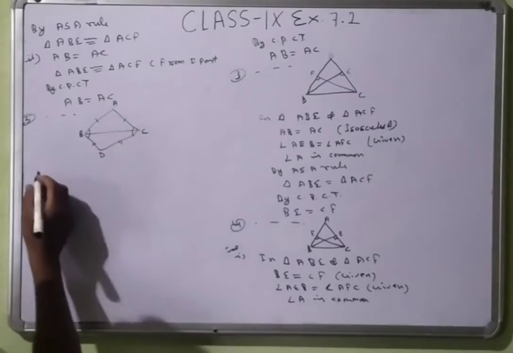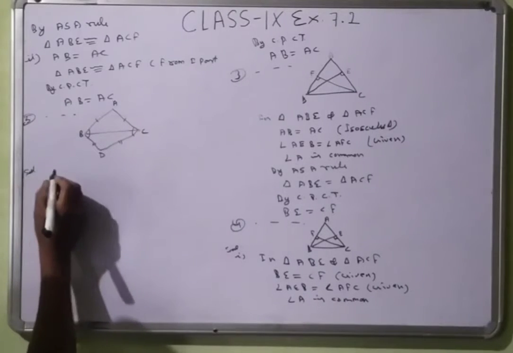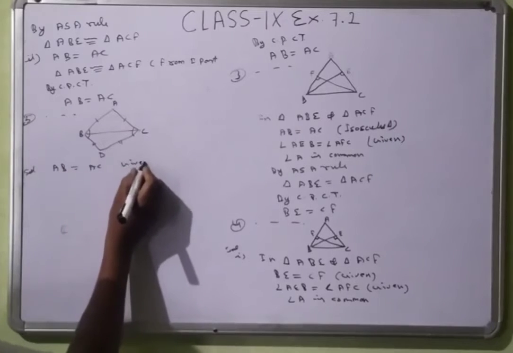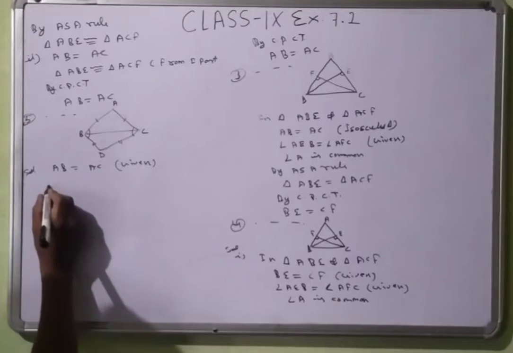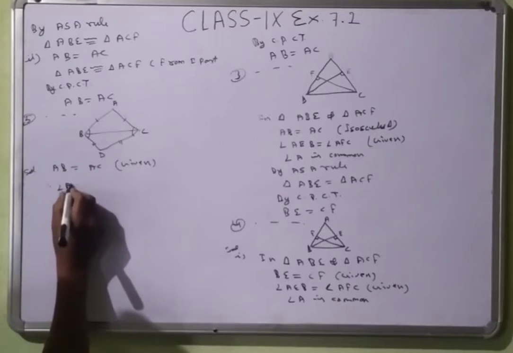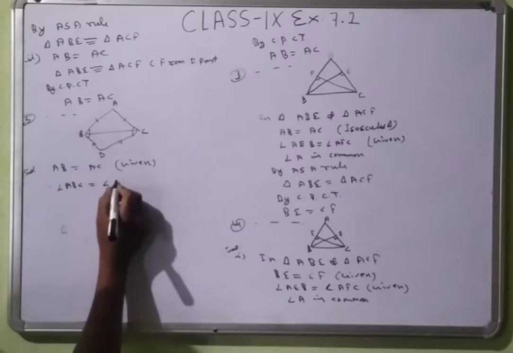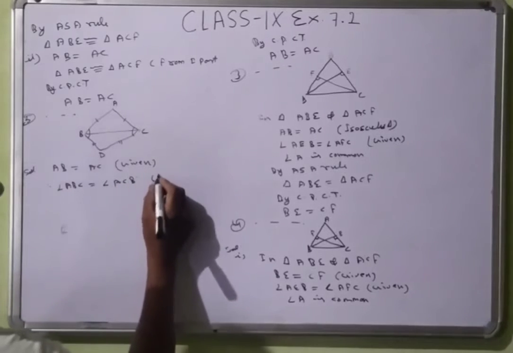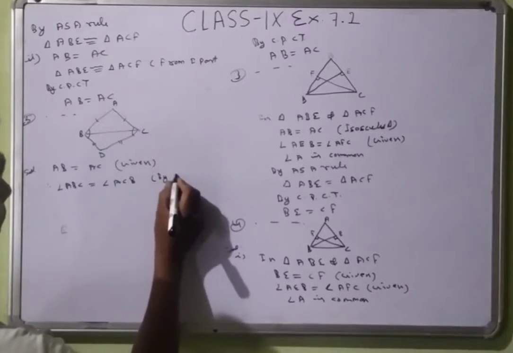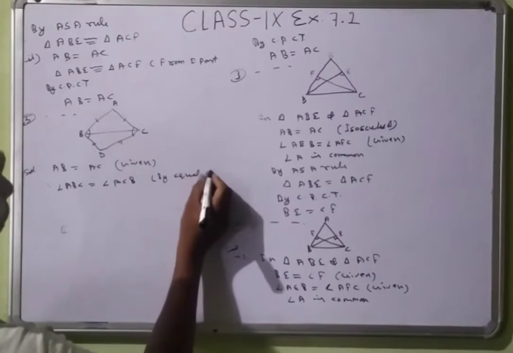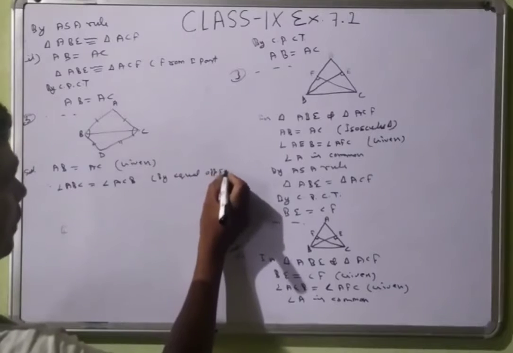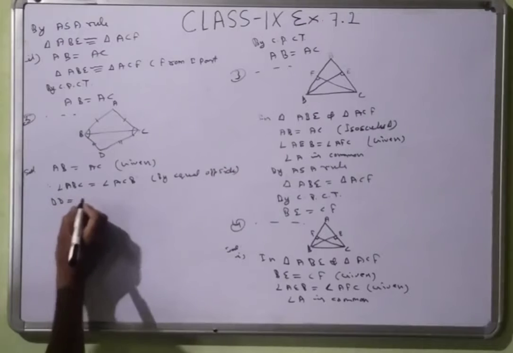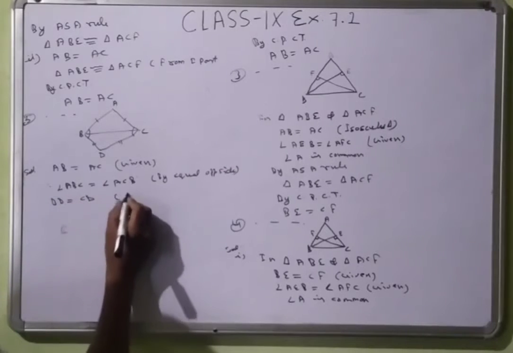So we know that AB is equal to AC, that is given. So angle ABC is equal to angle ACB by equal opposite sides. Here also BD is equal to CD, that's given.